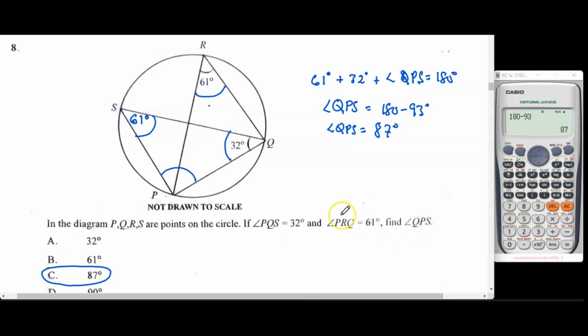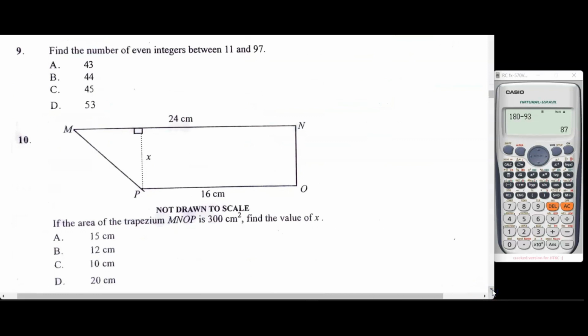Good. Now, moving on to the next question, number 9. It says find the number of even integers between 11 and 97. So even integers are numbers which are divisible by 2. From 11, the next number that is an even integer is 12.